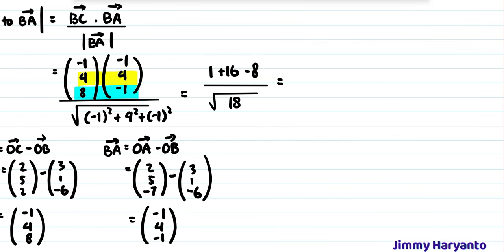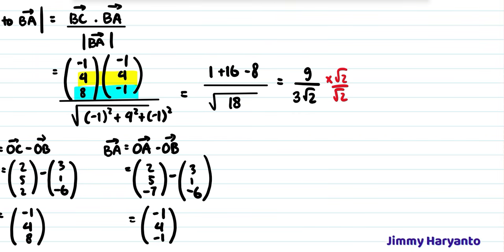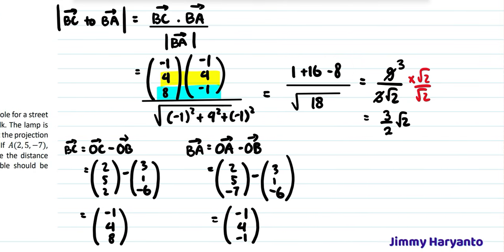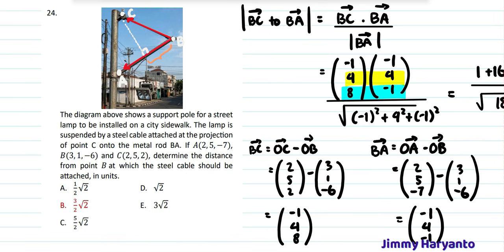Okay, simplify this. 1 plus 16 minus 8 is 9, over 3 square root of 2. You have to rationalize it. So the final answer is 3 over 2 square root of 2 from point B.